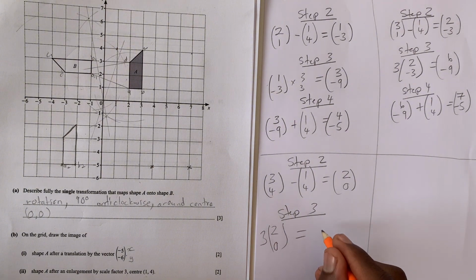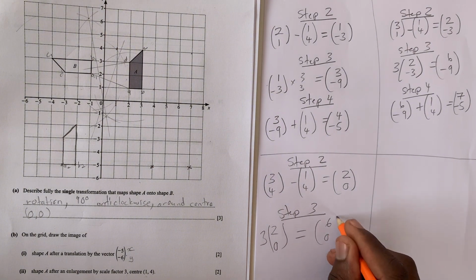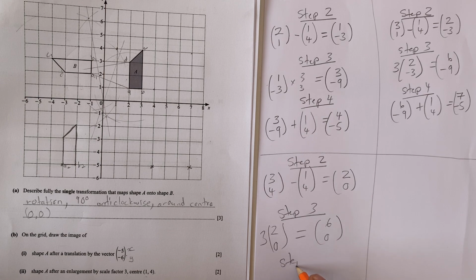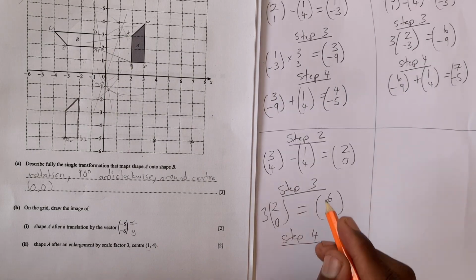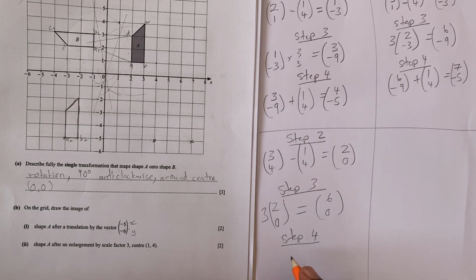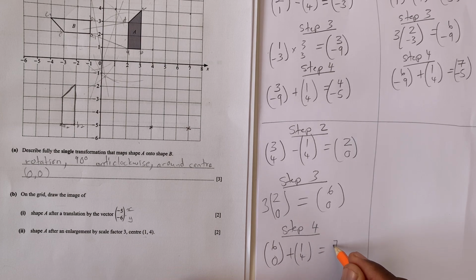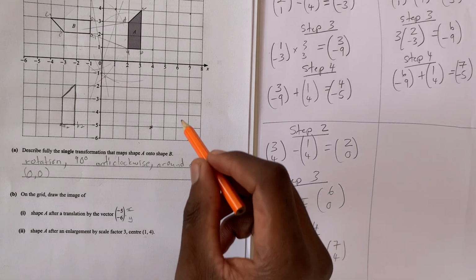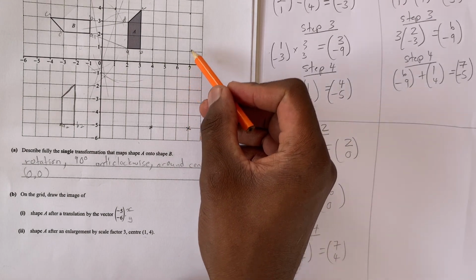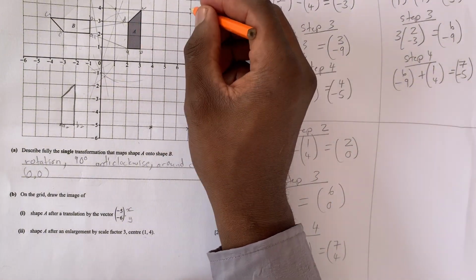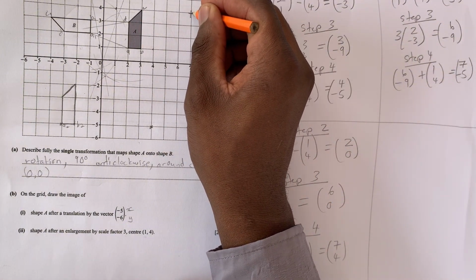So this will give me (6, 0). Then step 4, I will add this back to the center, the new center. Then it will be (6, 0) plus (1, 4), which will be (7, 4). So (7, 4) is to be here.